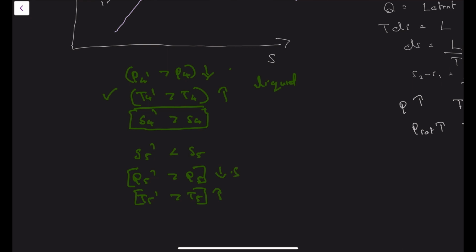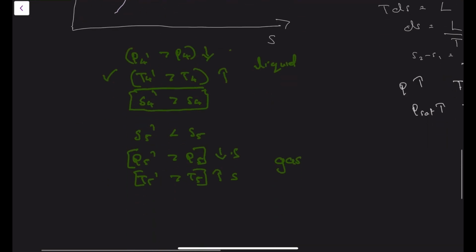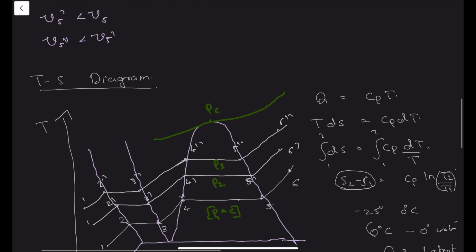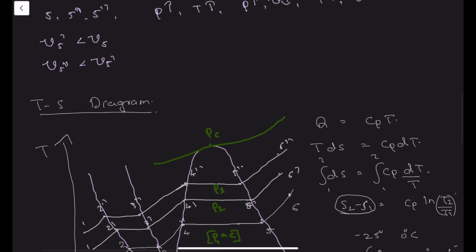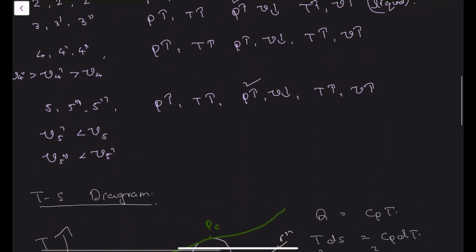Now it has become a gas, so the effect of pressure on a gas is significant compared to the temperature. That is why S5 dash is less than S5, because the impact of pressure is higher compared to the temperature. So this is the difference. So this is all about the TS diagram of a pure substance.